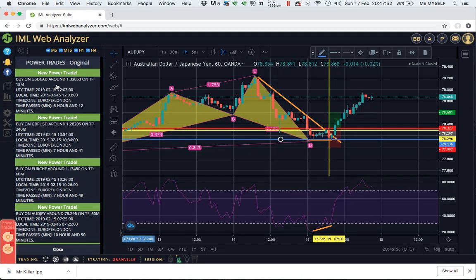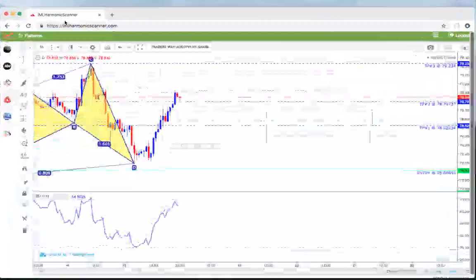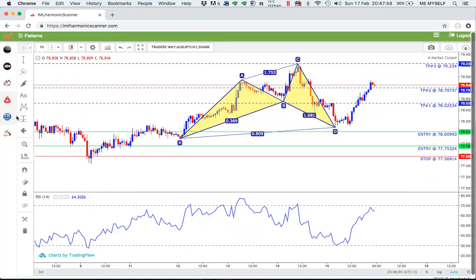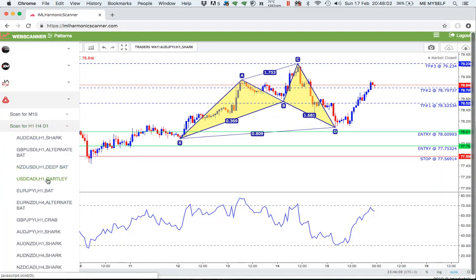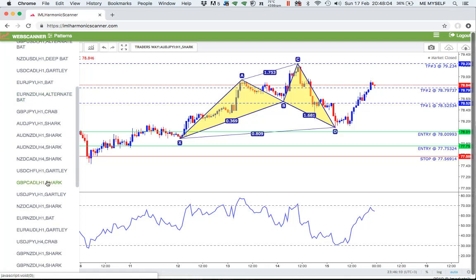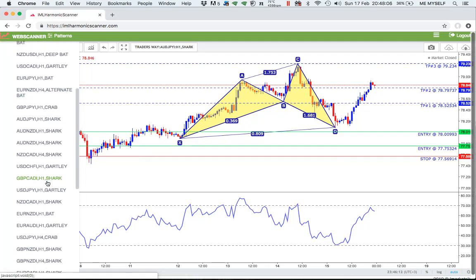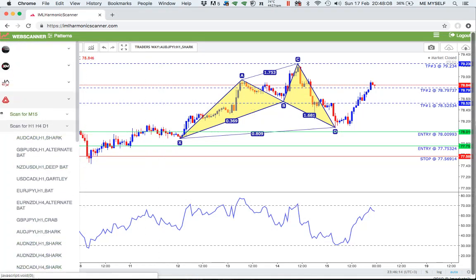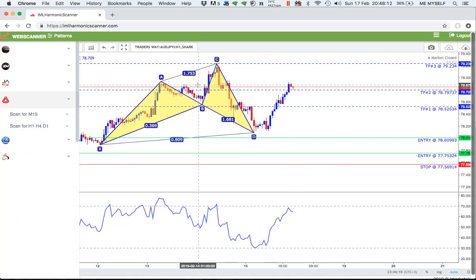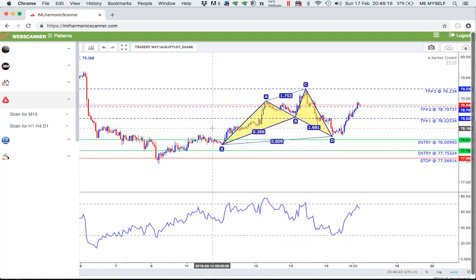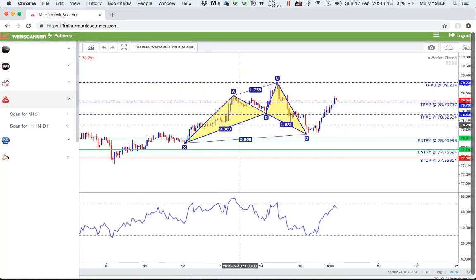It's not called as a power trade, and it's not giving us any sort of sell signal on the harmonic scanner. So no point assuming that we're going to be selling now. We want to have several points of confluence just to make sure that we are A-OK. We're not entering the market willy-nilly.